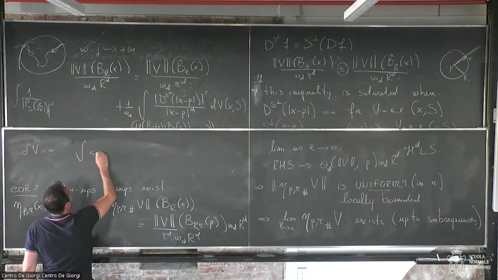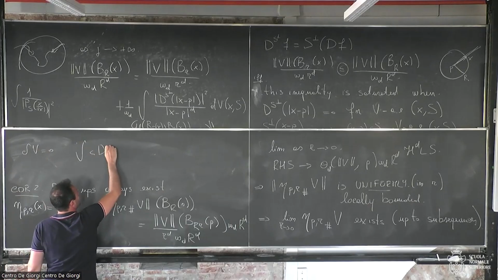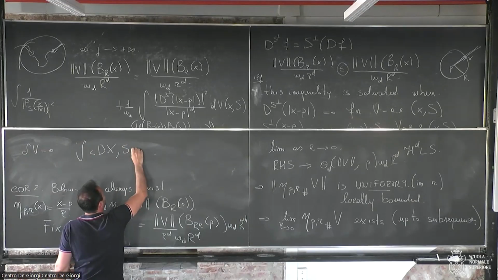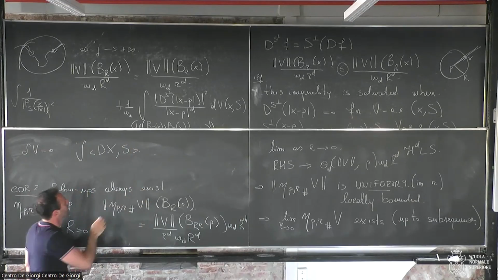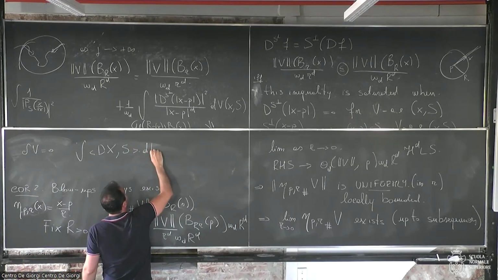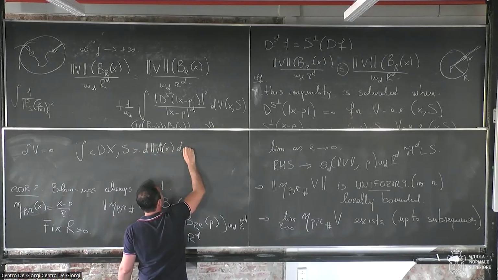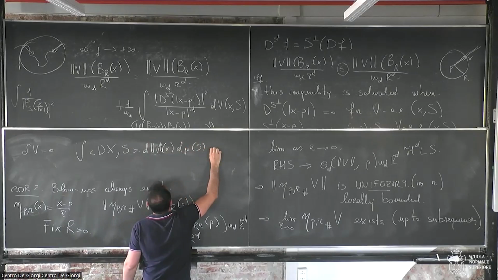So you get the gradient of x, scalar product with s, against the mass of the varifold in x and in d mu s, and this is 0.